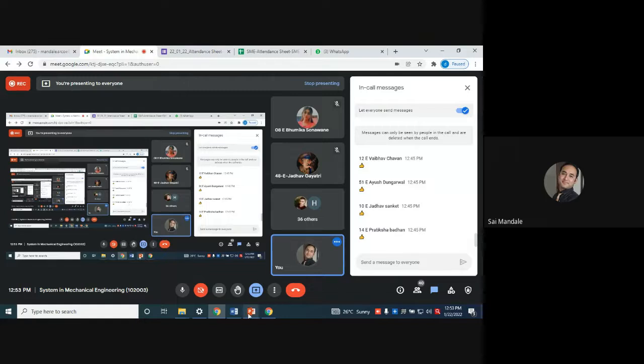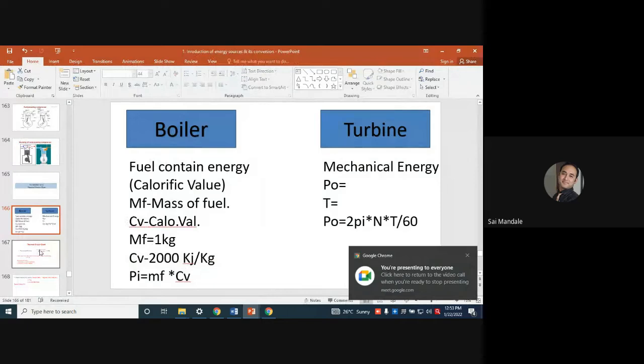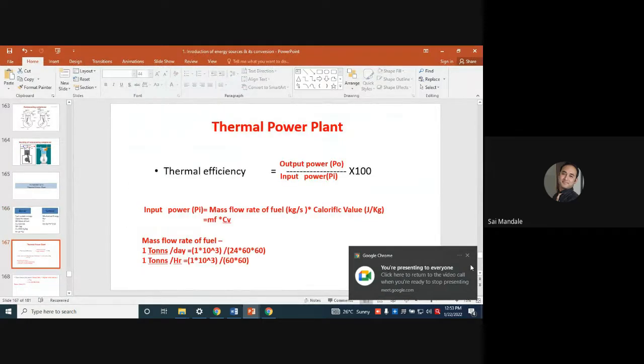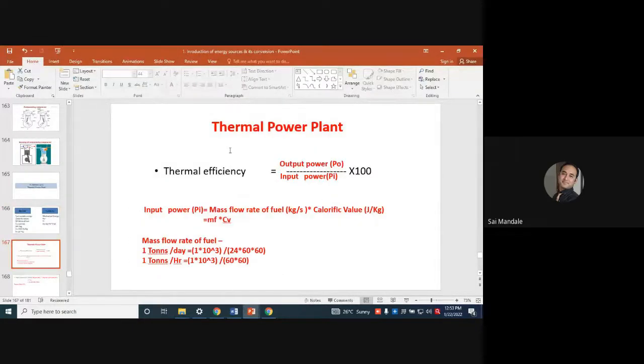Then next, let us look at the numerical. We have a few basic formulas, and this is very important. See, thermal power plant: we have to calculate the thermal efficiency of that power plant.